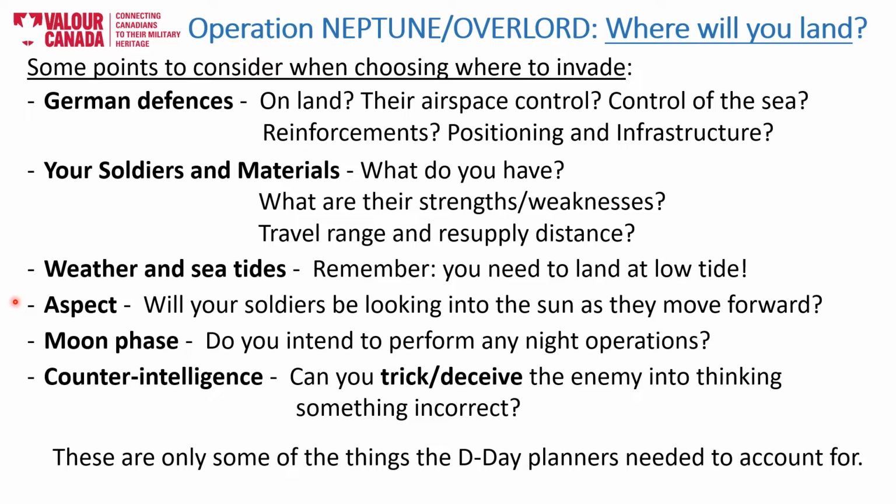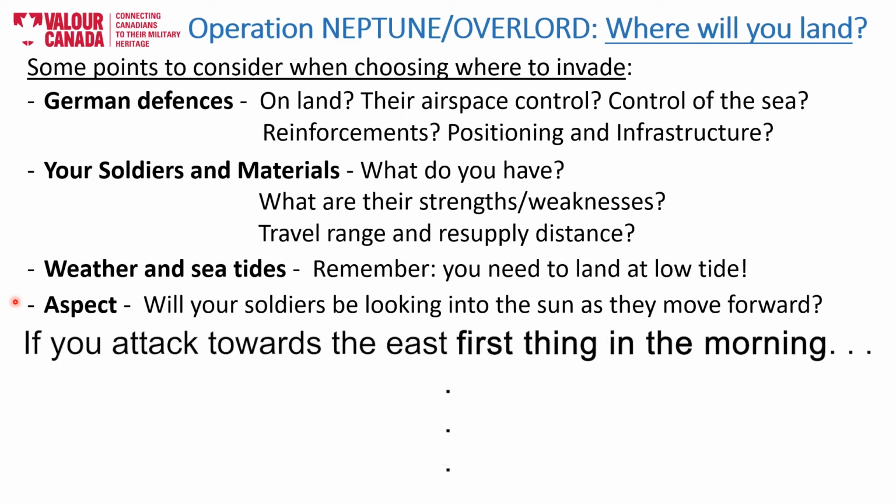Aspect. So this refers to where the sun is positioned when you do your attack. And I ask you, which part of the sky does the sun rise in? It rises in the east, correct. So the next question is, if you attack towards the east, who has the advantage, you or your enemy?